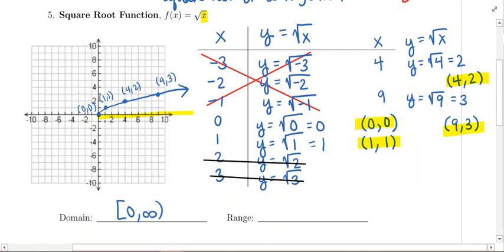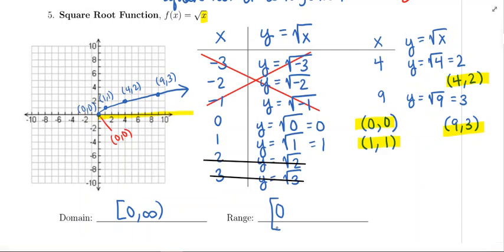Again, the lowest point on this curve is going to be the origin. So the origin has a y value of 0. We want to include that point. We want to include 0 in the range because (0, 0) is a closed circle. The high point of this graph, this side of the function, it keeps going up, up, up forever.